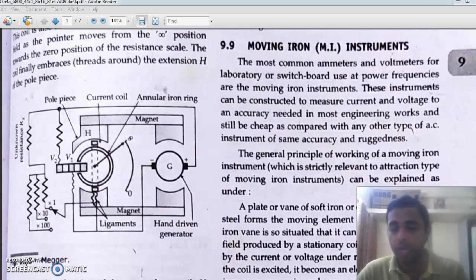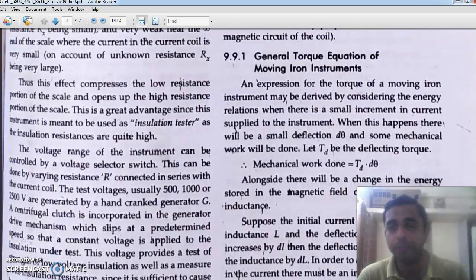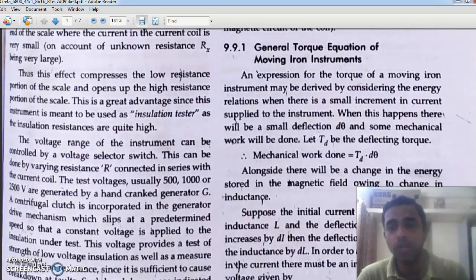Now we will just go through the derivation of that moving iron type. Here also we go with some energy relationship. When current flows through the stationary coil, when there is an increment of current, then there will be a small deflection d theta.